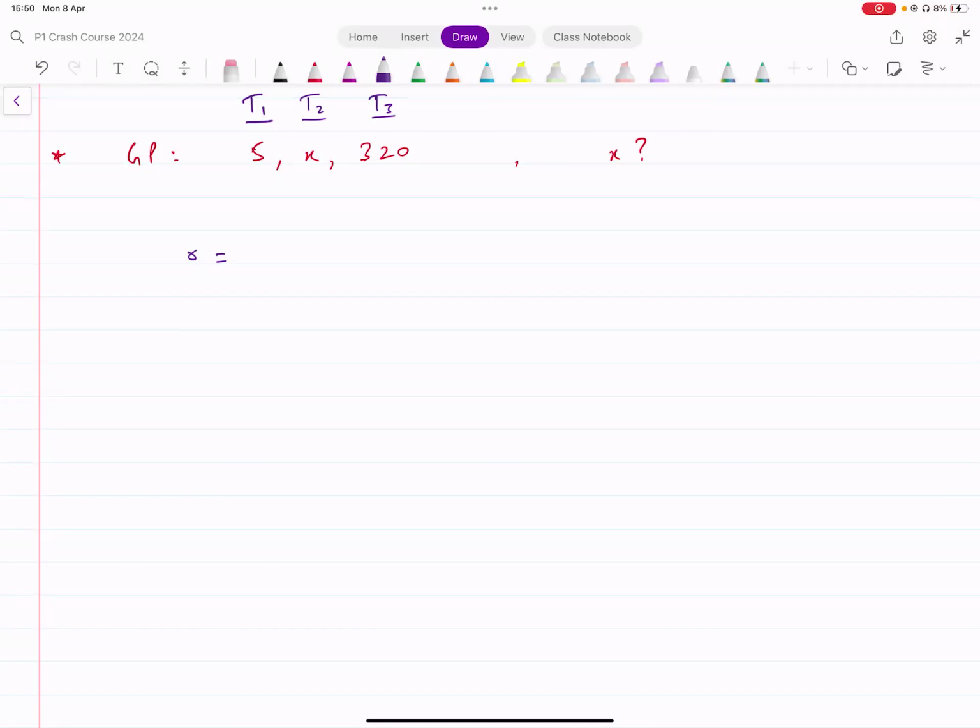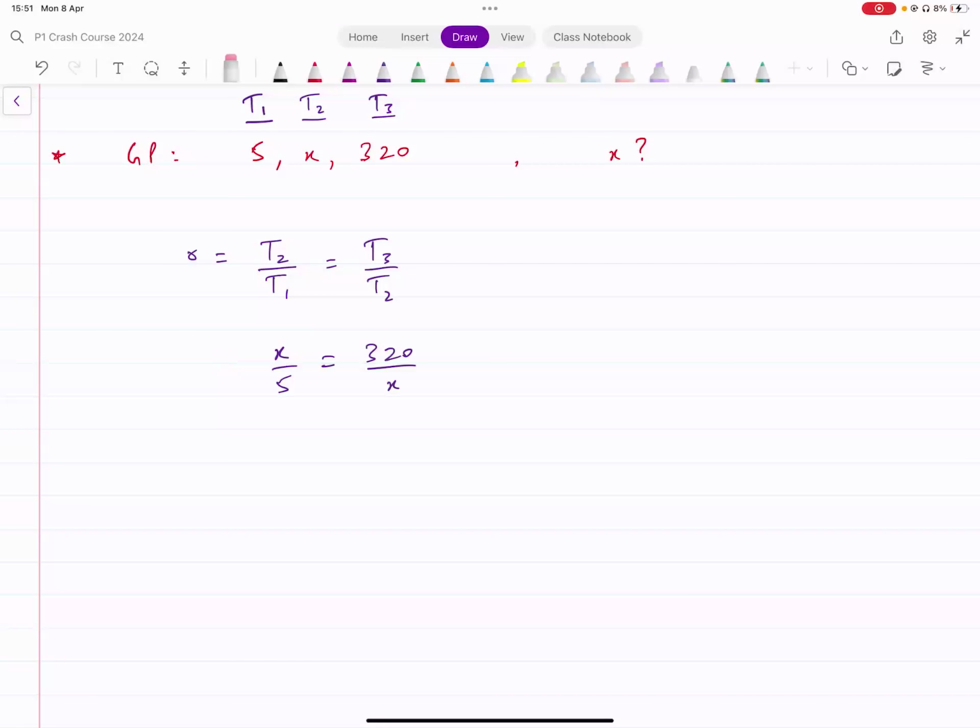Next term divided by the previous term has to give you the same number every single time. So ratio could be calculated like this, T2 over T1, or it could also be calculated as T3 over T2, which means we've got x over 5 equals 320 over x.